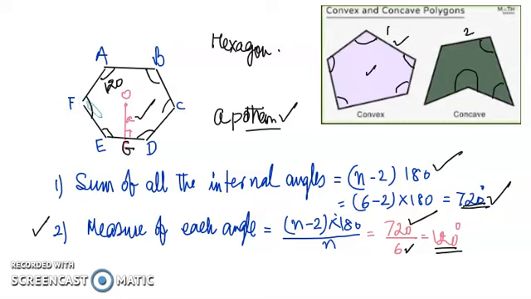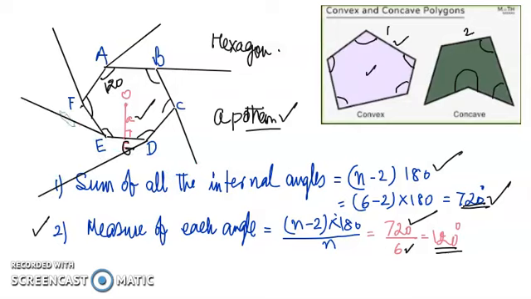Now one more interesting fact is that if you extend this line and extend this line like these, and then measure these external angles, the sum of these external angles will be 360.